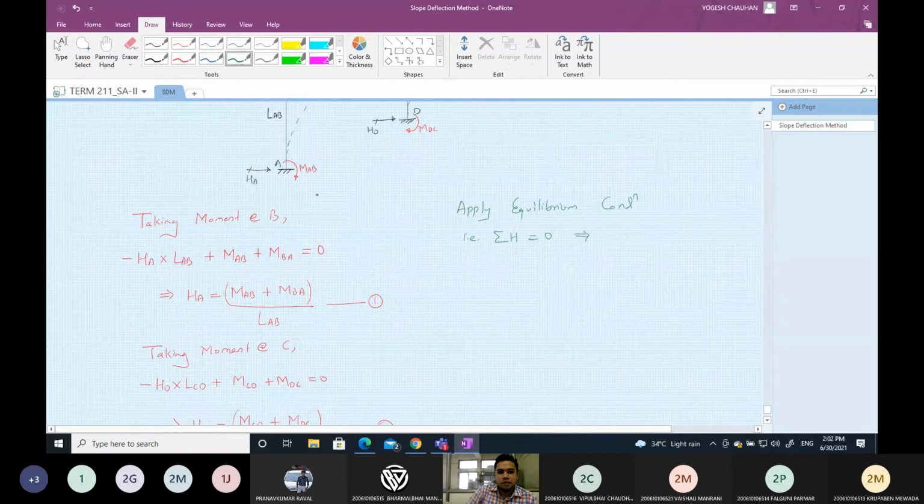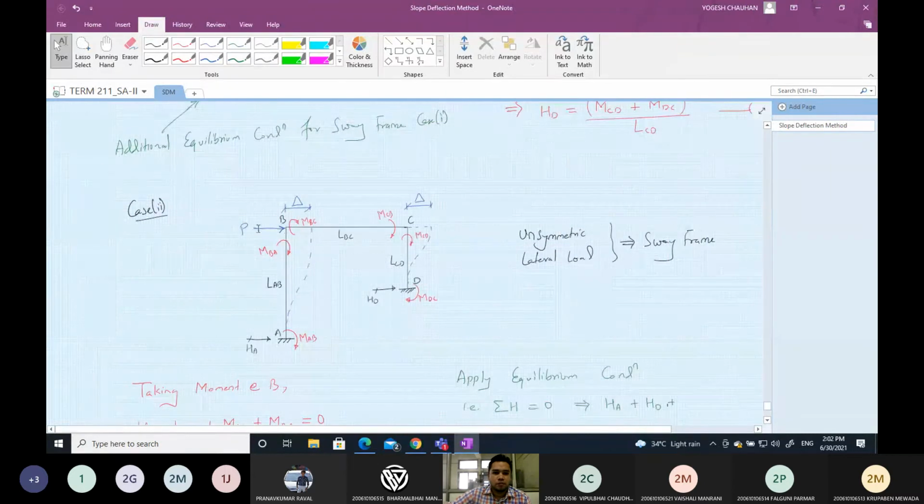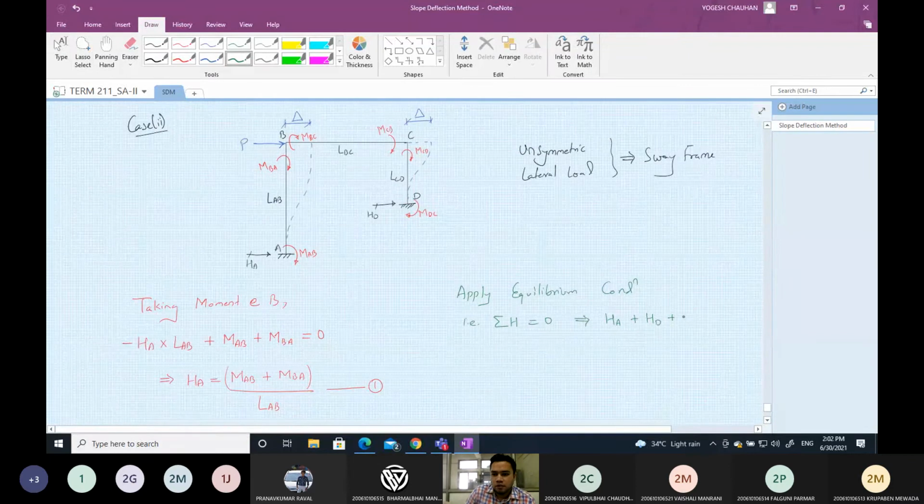This implies HA plus HD plus, this time there is horizontal external force also present, that is P. So plus P equals to 0.